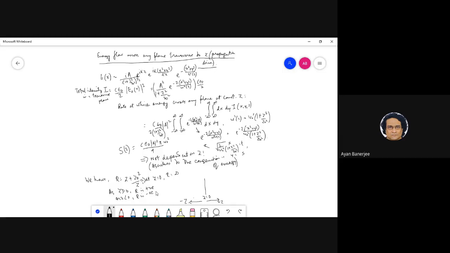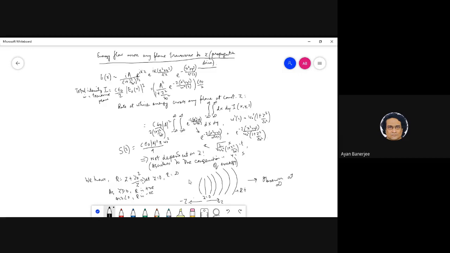This is optics, so we typically use this convention: for an observer at infinity, if the observer sees a convex radius of curvature, they take it as positive, R positive.